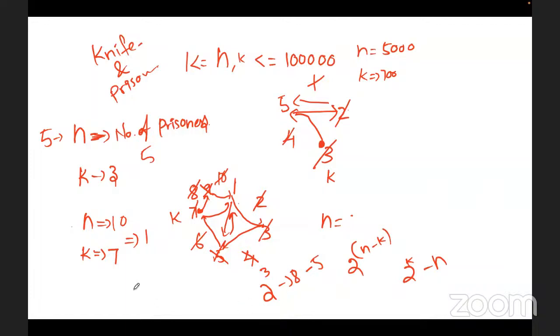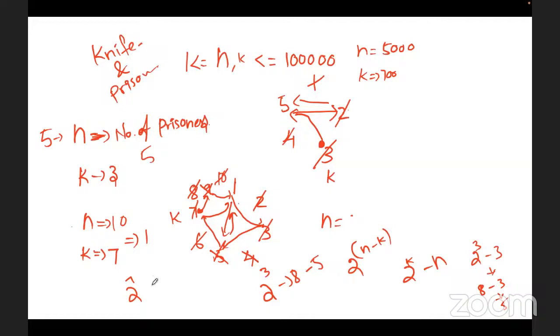Sorry, the n value is 5, right? 2 power k minus k. So 2 power 3 minus 3, that means you will get 8 minus 3, you will get 5.